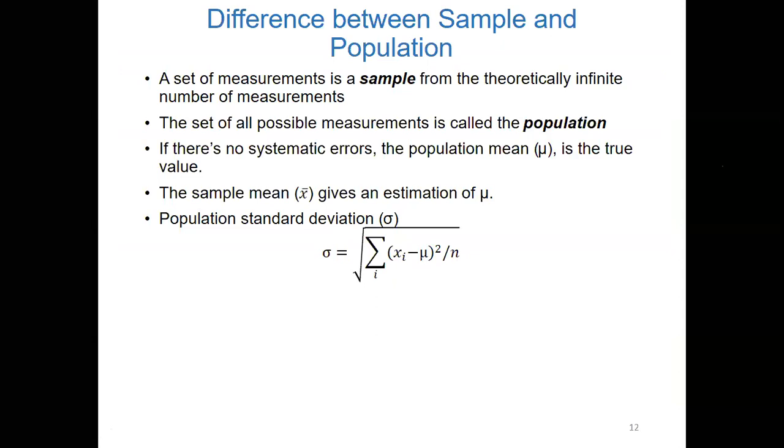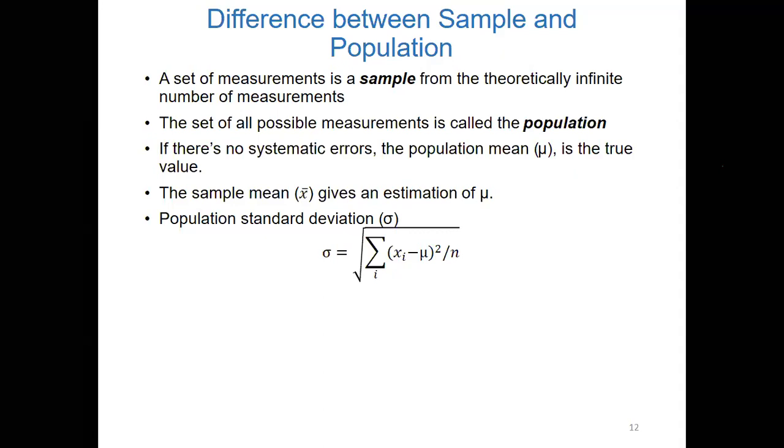The reason is, when we talk about a population, it has a large set of data. But when we talk about the sample, it has only a small set of data. When using the small set of data, we take this degree of freedom, or n minus 1.